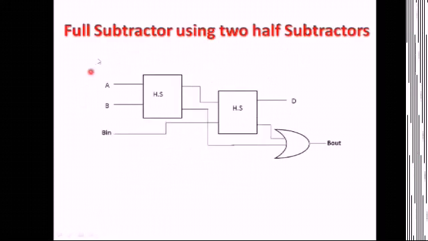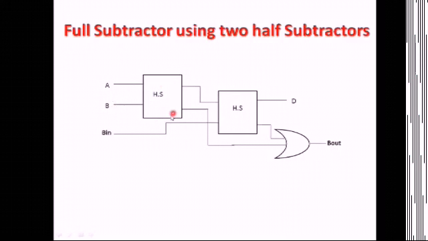That is, we will be implementing the full subtractor circuit using two half subtractors. Now see, this is the block diagram or the logic circuit of the full subtractor using two half subtractors, where there are three inputs A, B and B in, and there are two outputs D and B out.